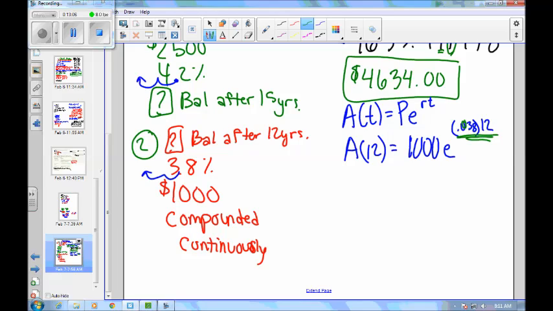Benito, do you have the product? 0.456, yep. Since e is a number, we can now just type this in: 1,000 times e raised to the 0.456. Everyone do that? When you have the balance after 12 years, write it on your board, round it to the nearest penny. Hold up your board.